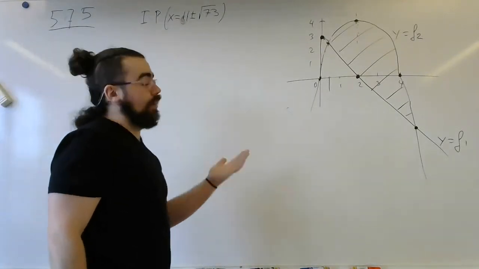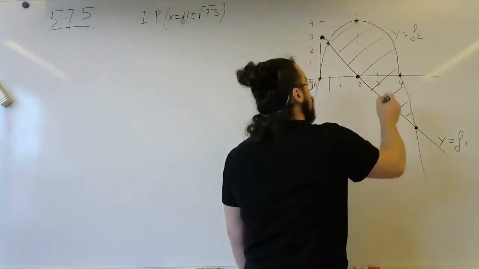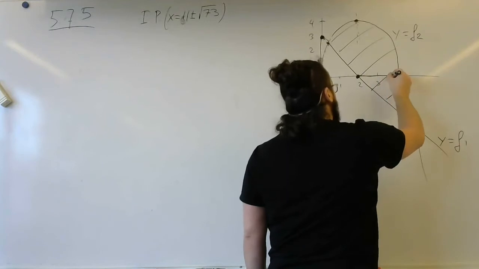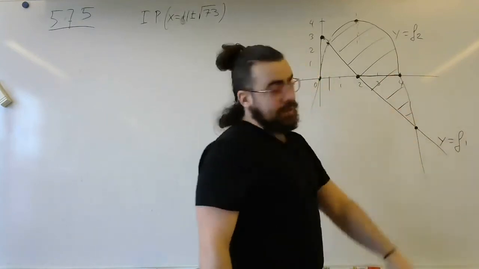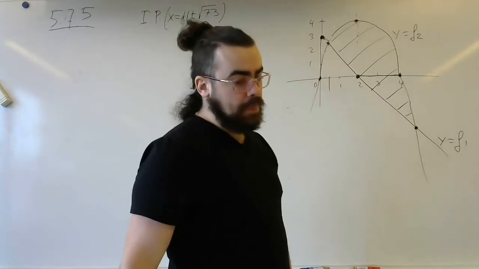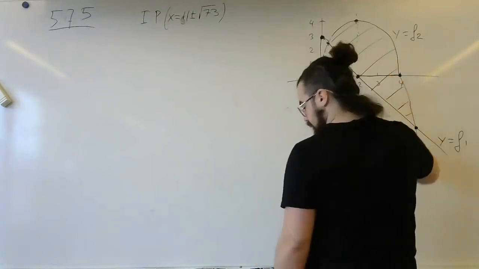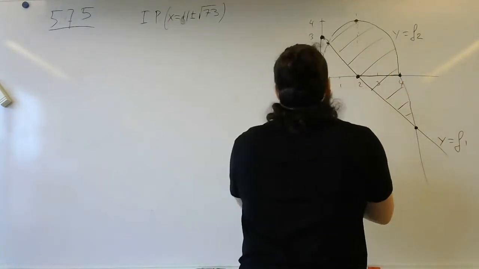And now the obvious problem here is that all this area will be counted as negative. So we have to do this in 3 sections.